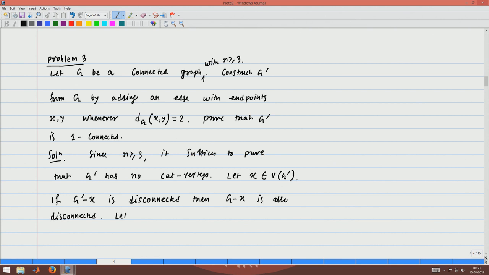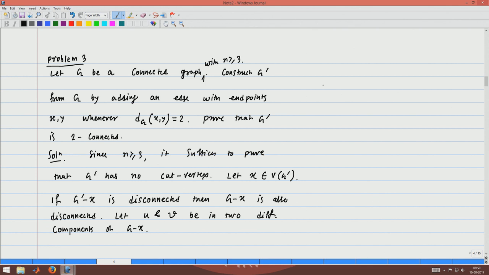Let U and V be in two different components of G minus x.